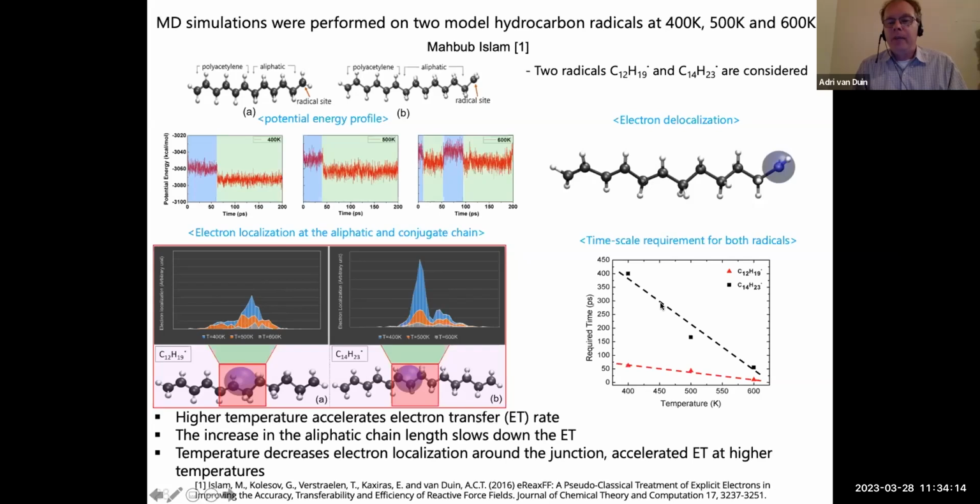Essentially, the longer the aliphatic domain is, the longer it takes for the electron to move across the aliphatic side. This is something that we can directly compare with time-dependent DFT calculations, and find out that the time scales for ReaxFF can be trained to correctly reproduce these types of dynamics.